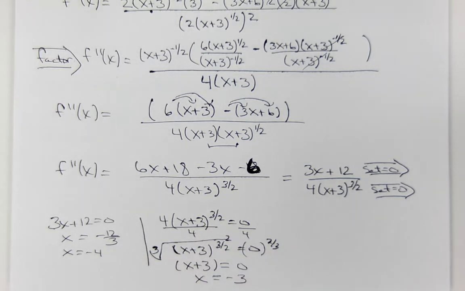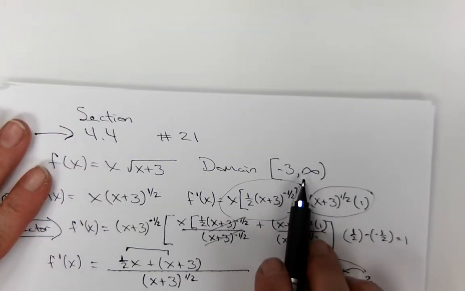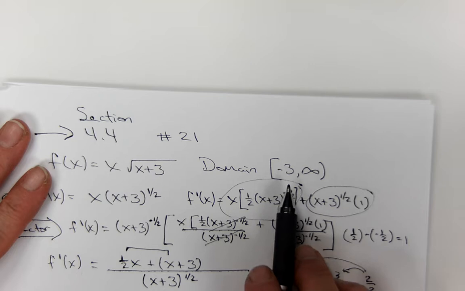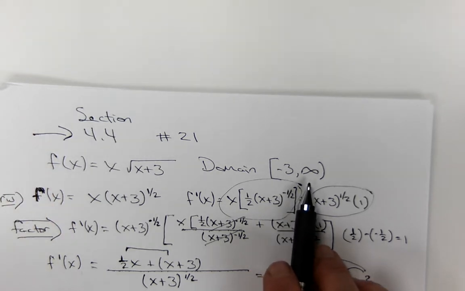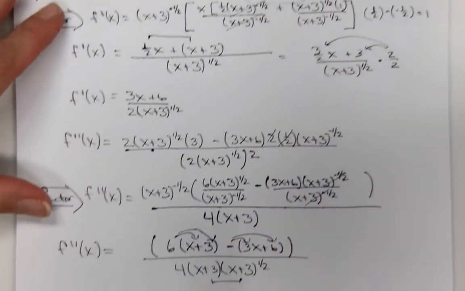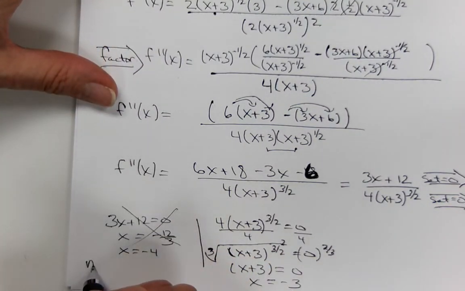So both of these are possible inflection points as long as they are in our domain. And if you go back and look, our domain is from negative 3 to infinity. We can only use values in there. Those are the only ones that we care about, and they're the only ones that make sense. So x equals negative 4, we don't use it. It's not in the domain.